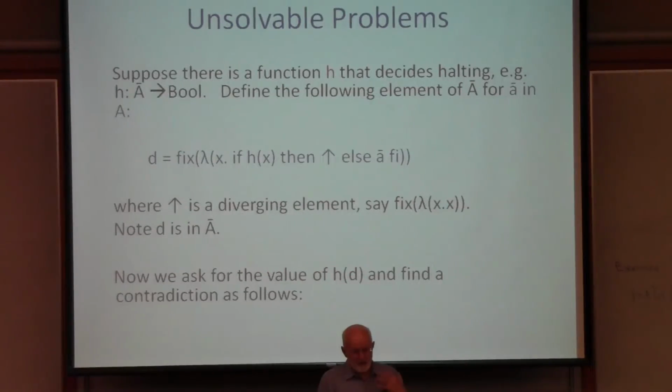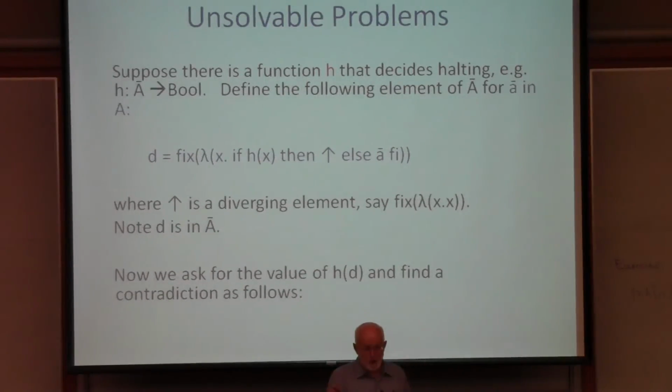So let me just show. Once you've got all that, here's how you do the undecidability of the halting problem. You say, let's suppose in the theory, A could be the natural numbers, but any partial type. Let's suppose H decides halting, so it maps A bar into the Booleans. Then what we can do is define this number D to be the fix of a function that, if H is true of the input, will diverge.